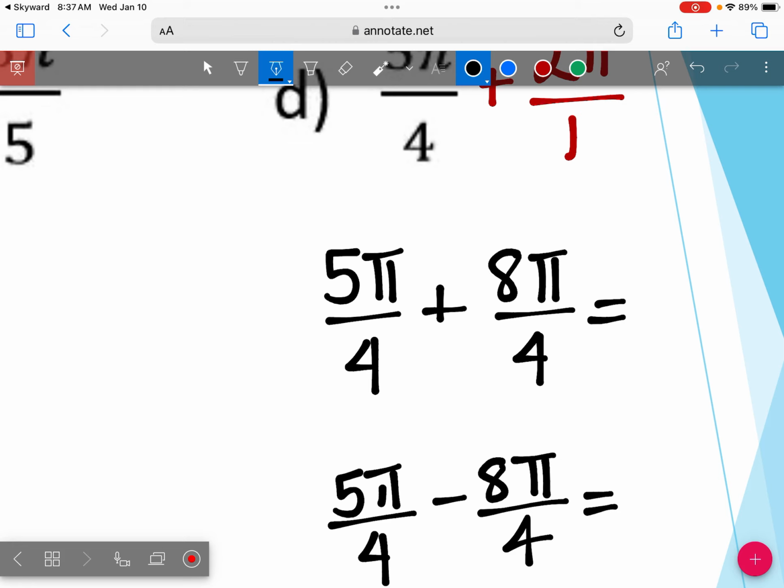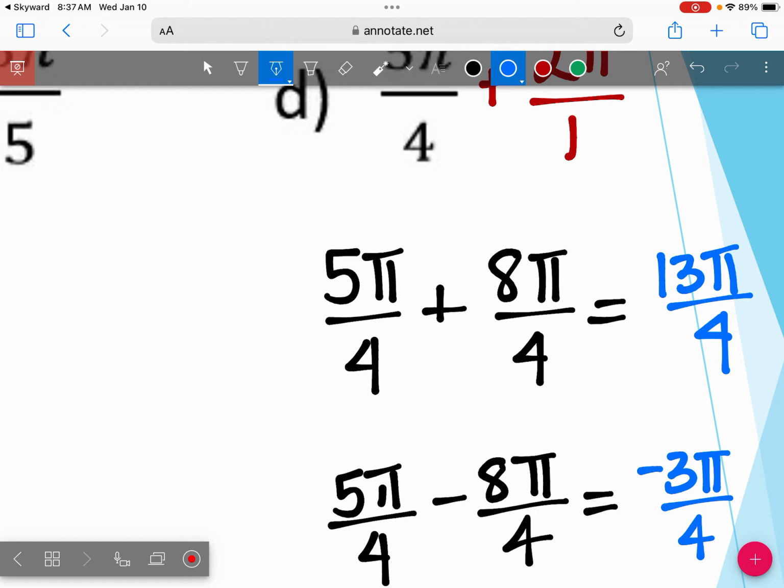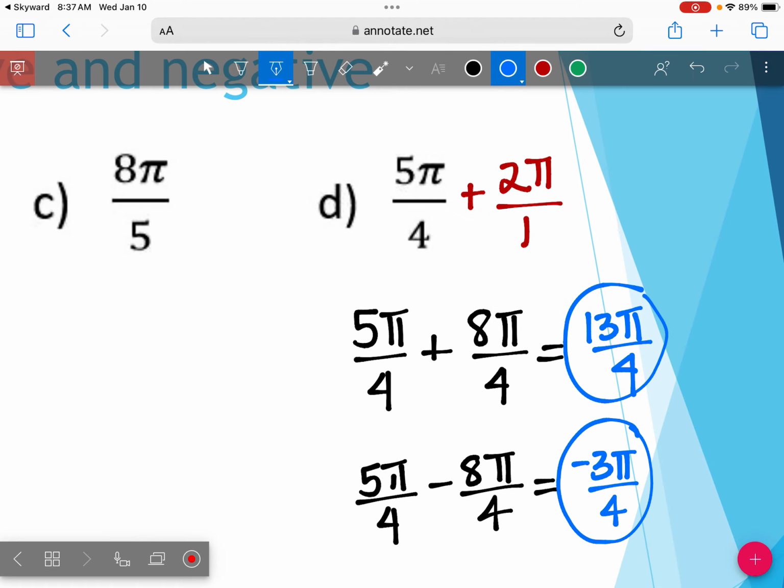So when you add, you get 13 pi over 4. And when you subtract, you should get negative 3 pi over 4. All of these have the exact same terminal side. So it is possible to have an angle that's more than 360.